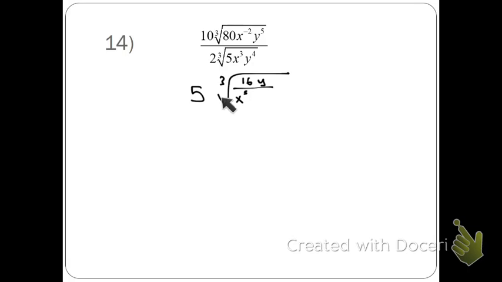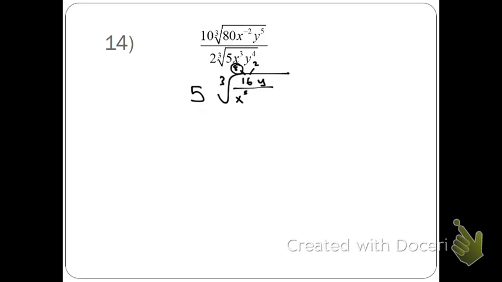I haven't simplified the radical at all yet. 80 over 5 is 16, y in the numerator, x to the 5th in the denominator. But here we go. What's the cube root of 16? I think we could break that down, couldn't we? Yeah, can't we go 8 and 2? Circle the 8. What's the cube root of 8?